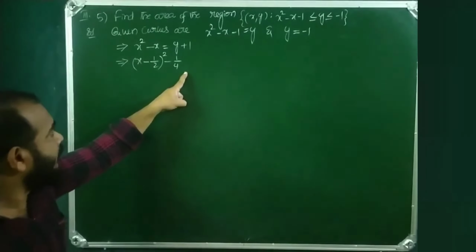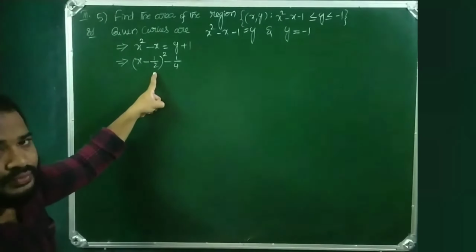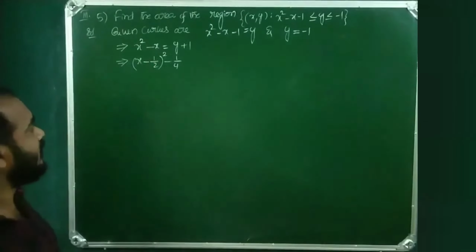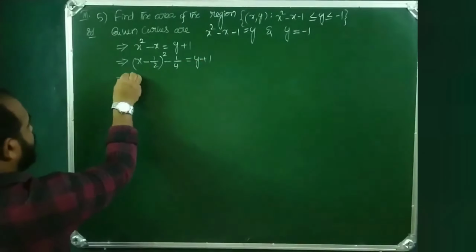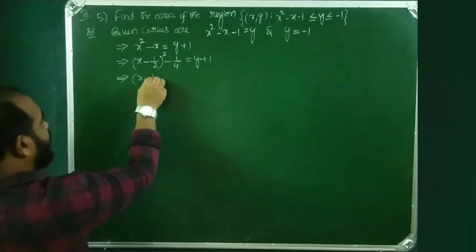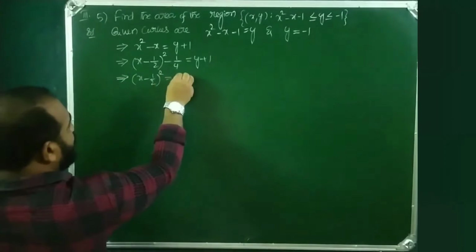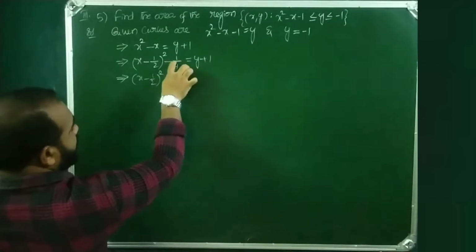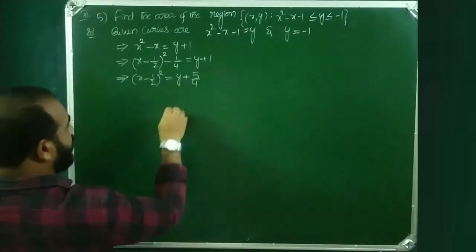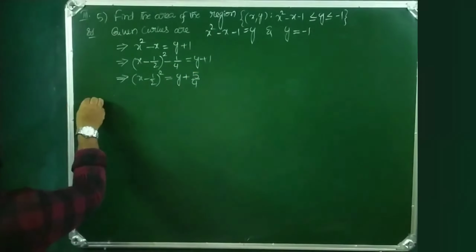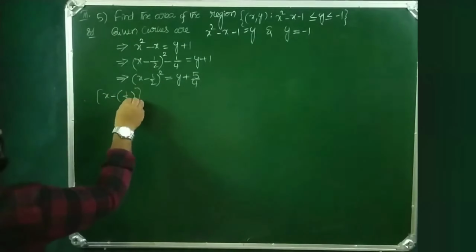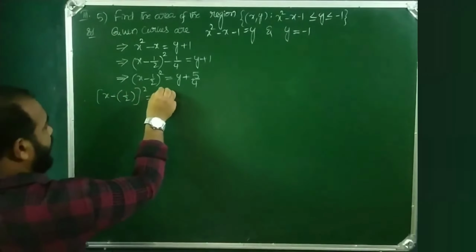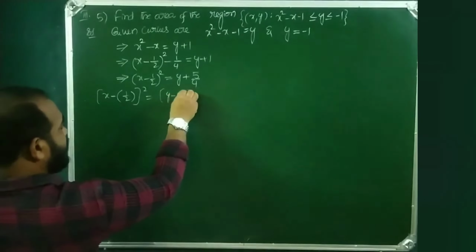Minus 2ab, minus 2 into x into 1 by 2, 2 gets cancelled, I am left with x. This equals y plus 1. So x minus half whole square equals y plus 1 plus 1 by 4, which is 5 by 4. Therefore, x minus half whole square equals y plus 5 by 4.